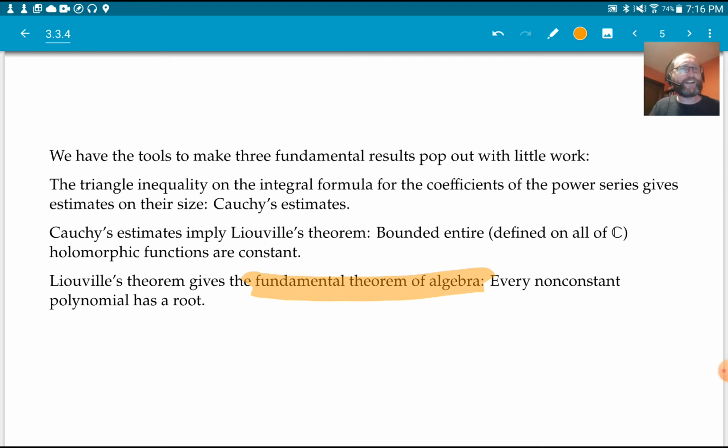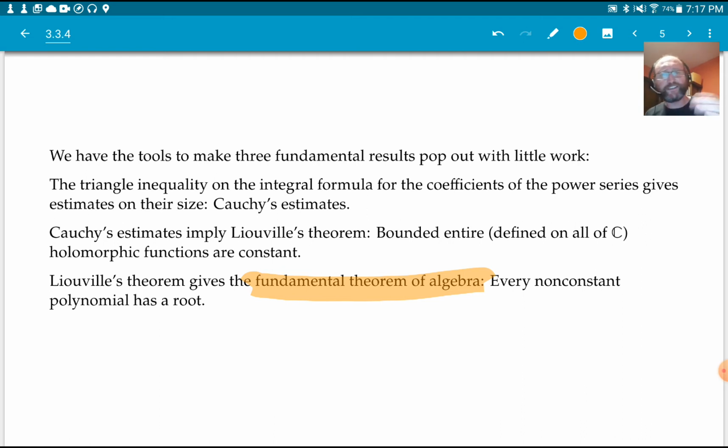It really makes complex analysis work, and this is the best known proof for it. And there's a whole bunch of proofs for the fundamental theorem of algebra, but usually, this is the most common proof of this result. And I would actually really say, it is a theorem of complex analysis, not as much of algebra.